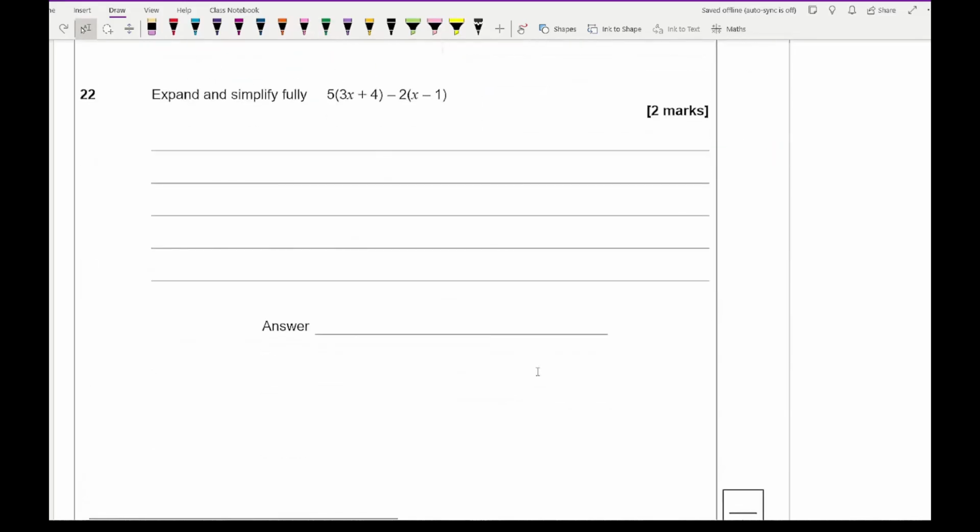Moving on to question 22, it says expand and simplify fully 5 lots of 3x plus 4 minus 2 lots of x minus 1. So first of all, if I write this out, now for this you just need to be careful with negatives, particularly when they're outside brackets.